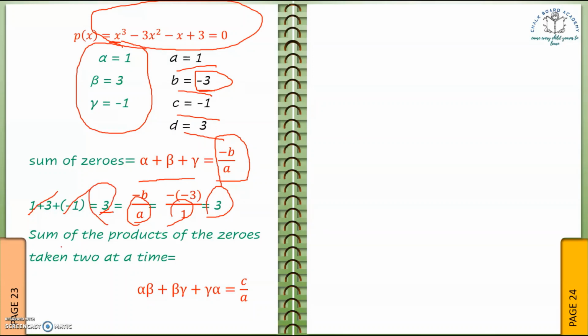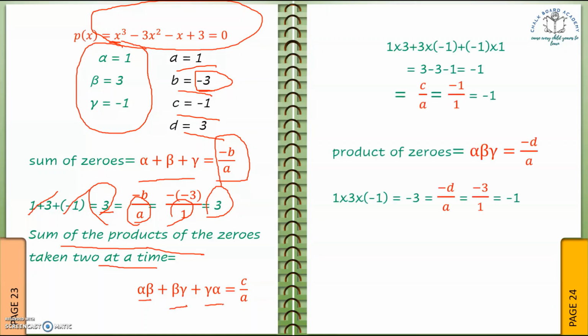Now the second part here is sum of the product of zeros taken 2 at a time. So alpha into beta plus beta into gamma plus gamma into alpha. Now alpha into beta, that is 1 into 3. Then beta into gamma, that is 3 into -1, and then gamma into alpha, that is -1 into 1.